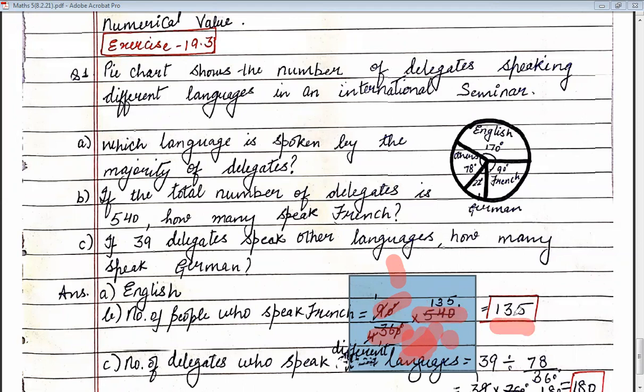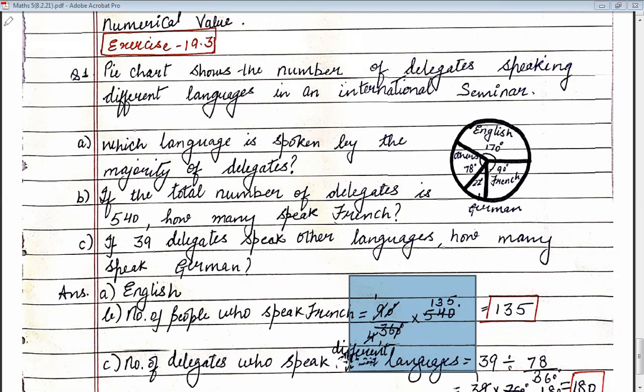So now children, how many people speak French in the seminar? That is 135. Okay, so I guess you are clear with how to find the number of anything when the total is given. You just have to divide the angle by the complete angle, and multiply by the total.